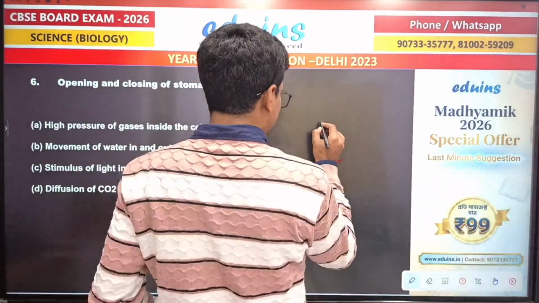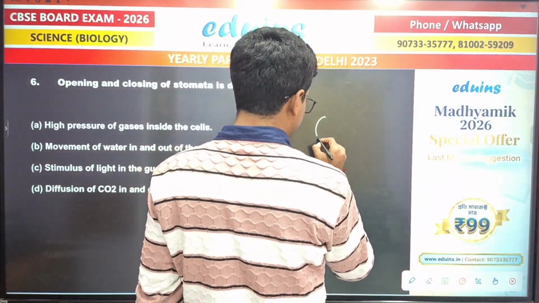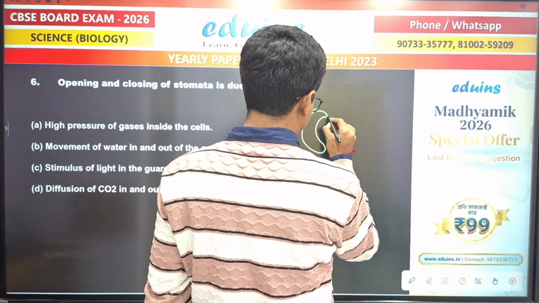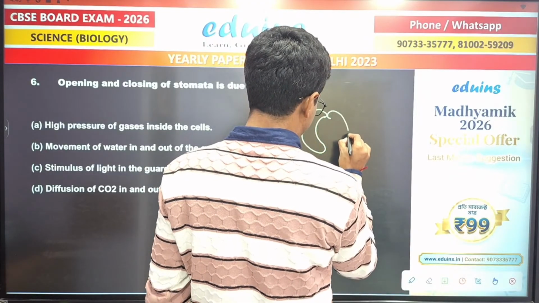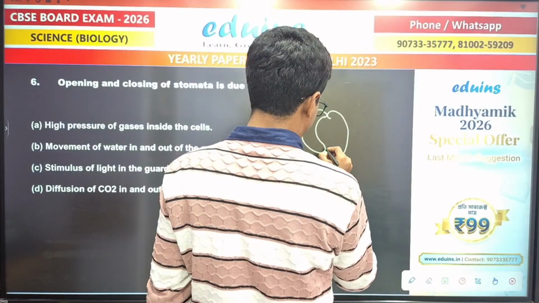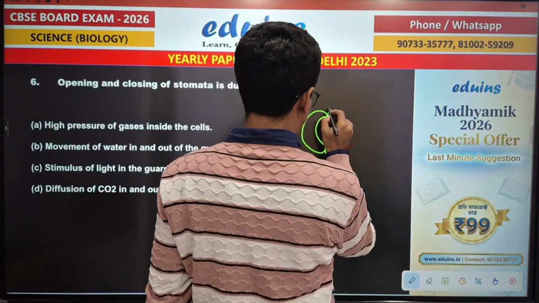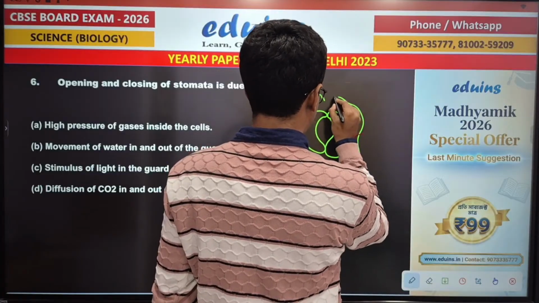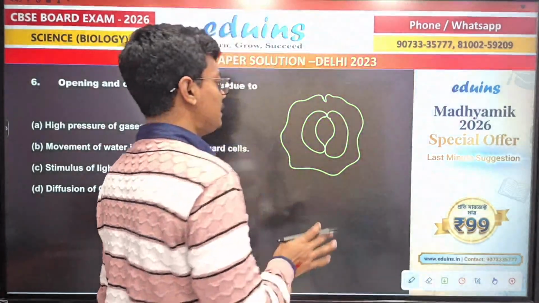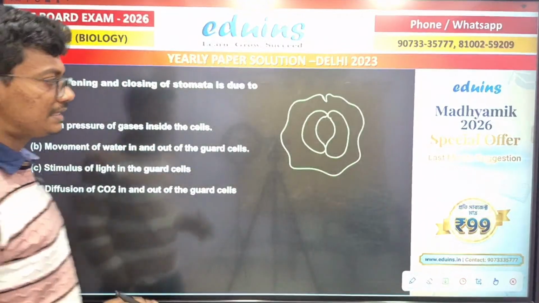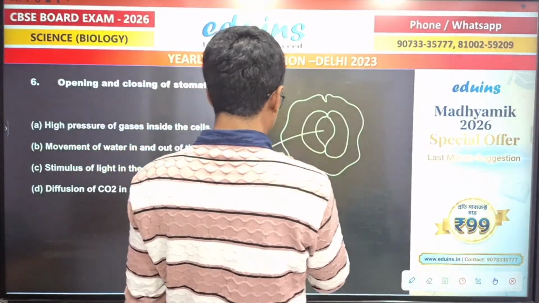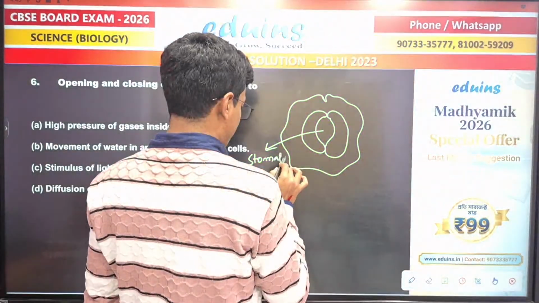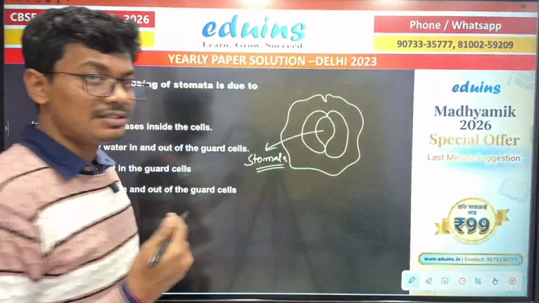So we know what is stomata. This is a mesophyll cell and this opening is known as stomata, where the gaseous exchange takes place.